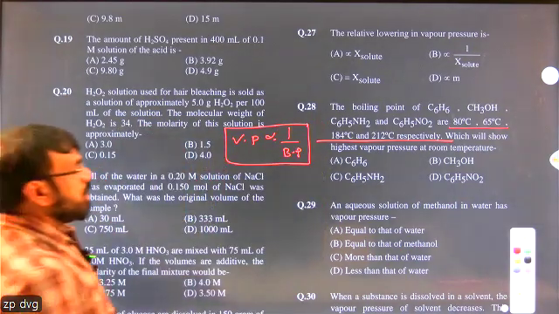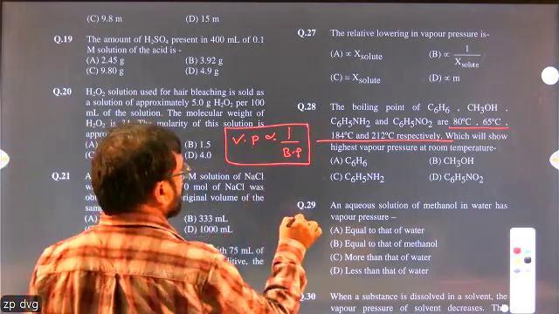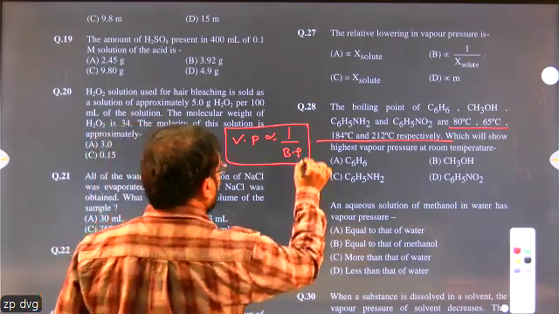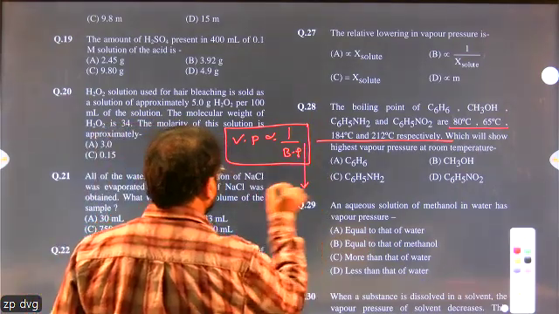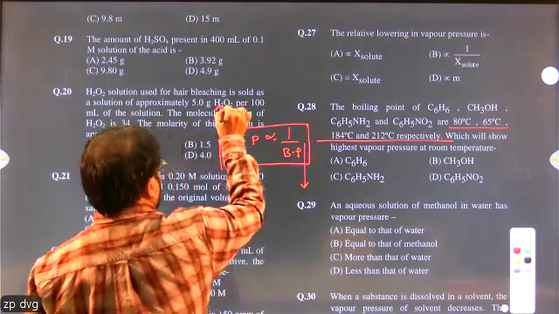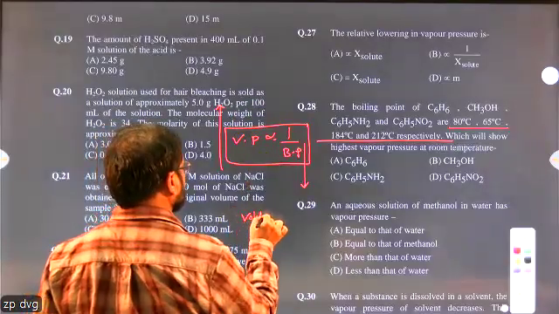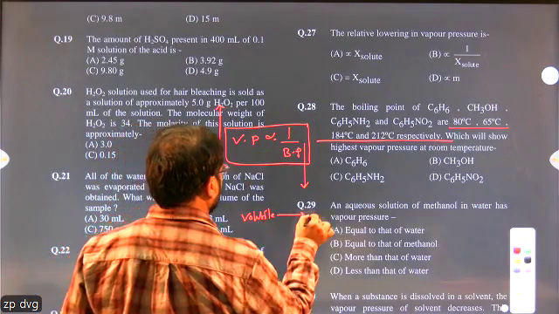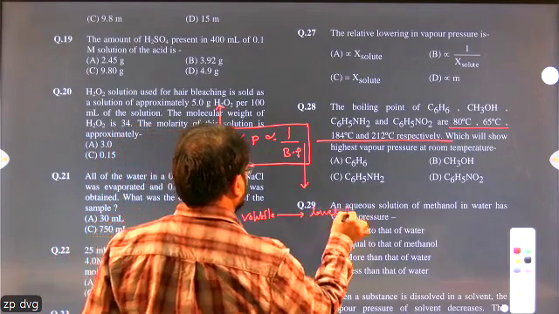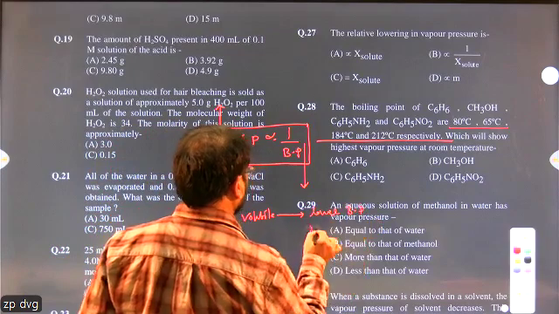If there is a lower vapor pressure, then the boiling point is high. If the boiling point is low, vapor pressure is high. Generally, volatile substances have lower boiling points and higher vapor pressure.